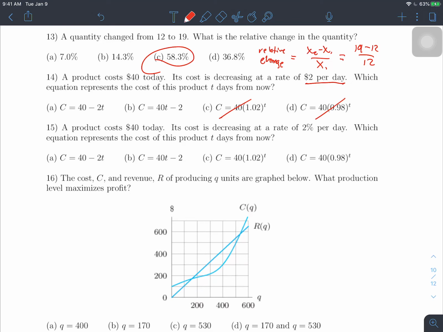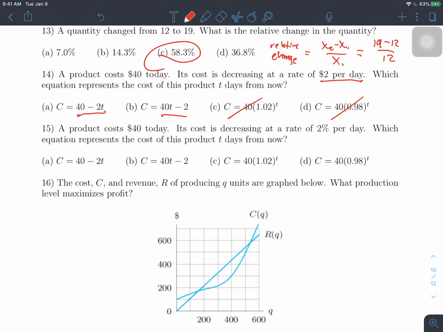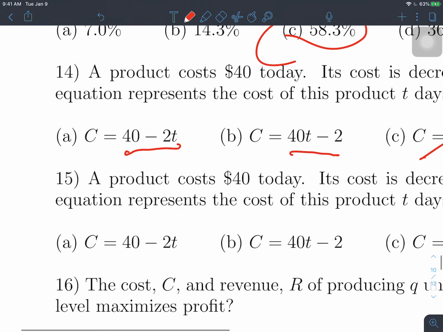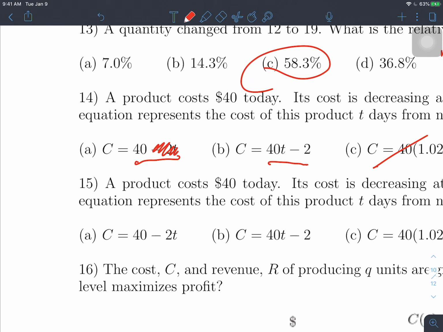Okay. Now the question is, should we have 40 minus 2t or should we have 40t minus 2? I like the first answer better because this is saying that on the first day when t is equal to 0, this term just goes away and we're left with just $40. And that verifies our situation where we have our product costing $40 today.